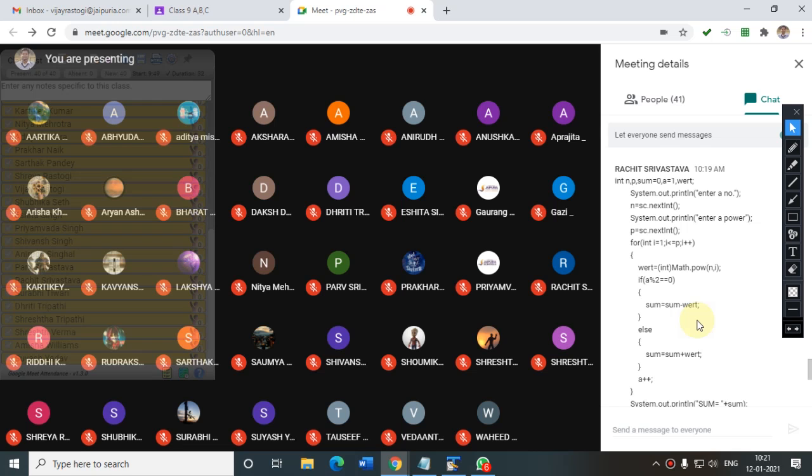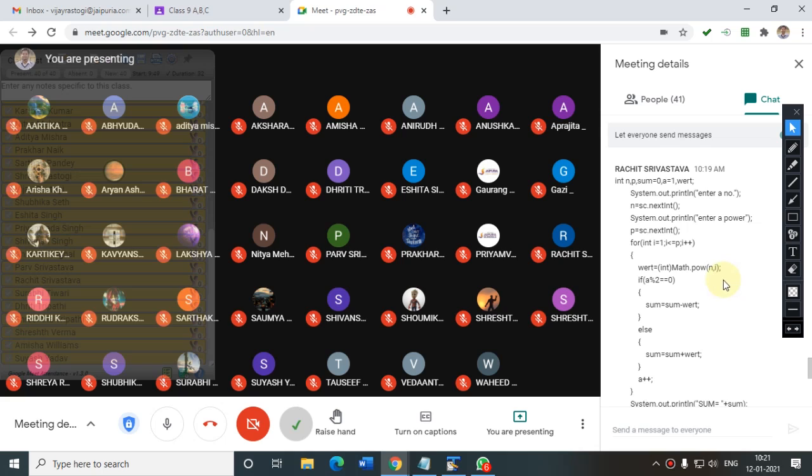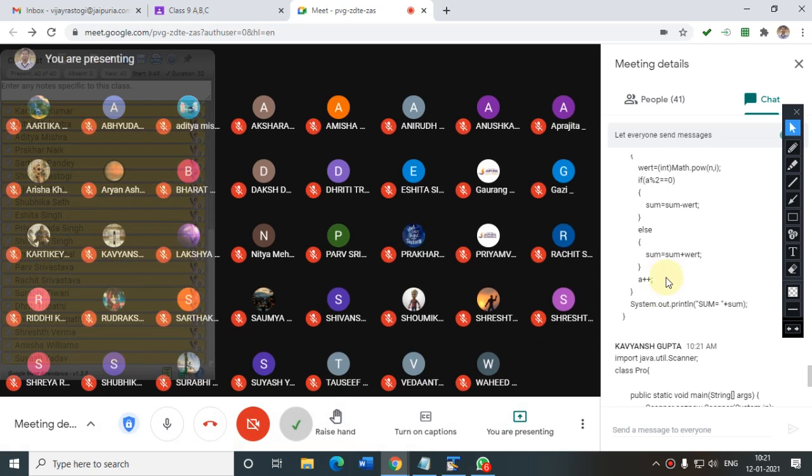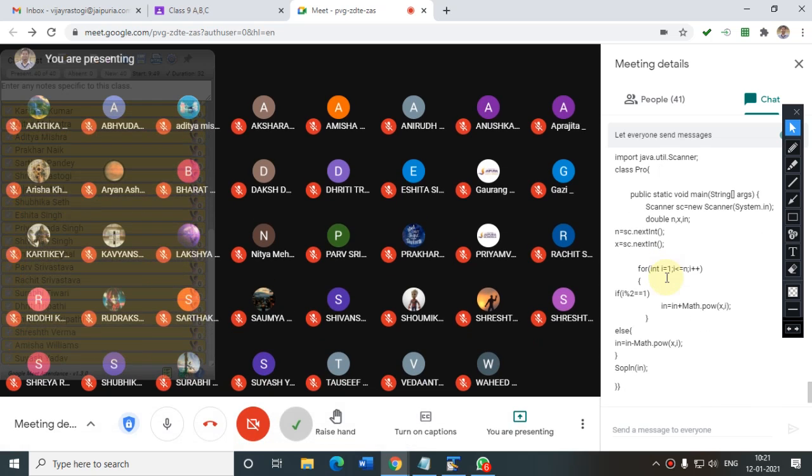Sum equals to sum minus this, and beta, enter a number, enter a power. Okay, base. That is also correct. What is A? Okay, sir, this is also correct, beta. Kavyansh, very good, beta. Rachit, well done.